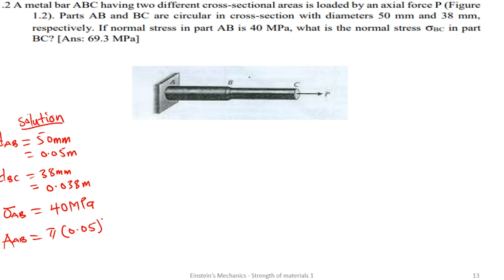Someone will say, but we already have the stress in AB. Why area? You'll get to know. So what's the area in AB? Use your calculator to punch this. You're going to get a value over here.